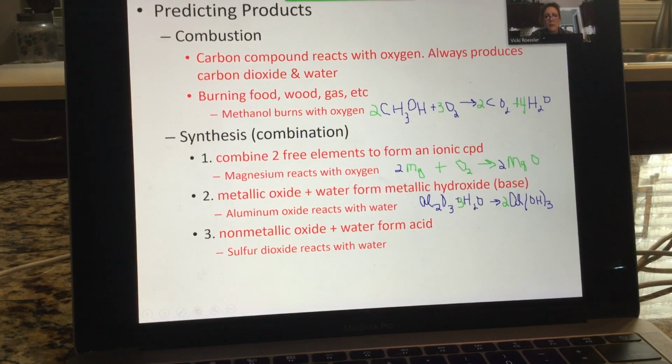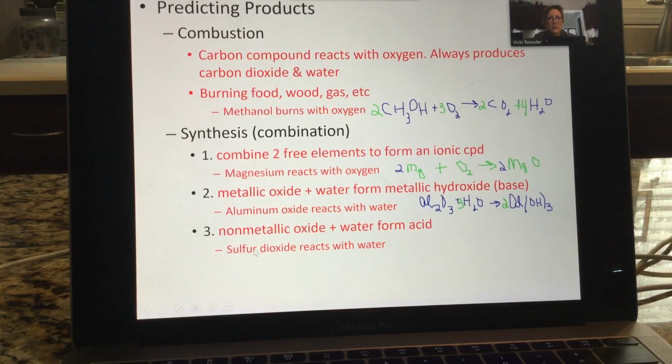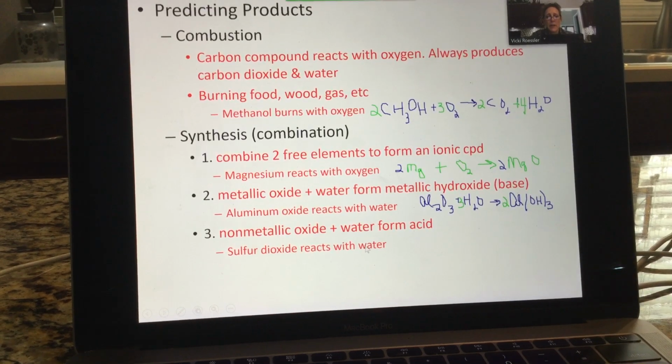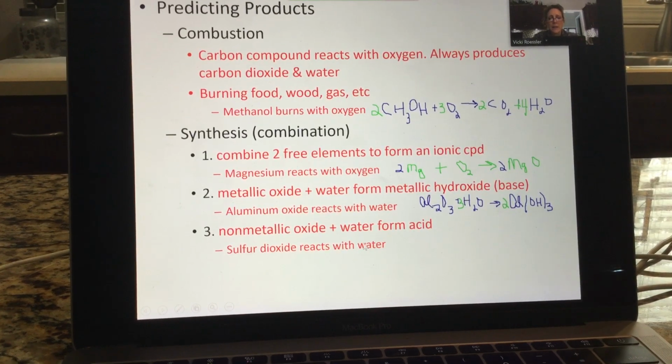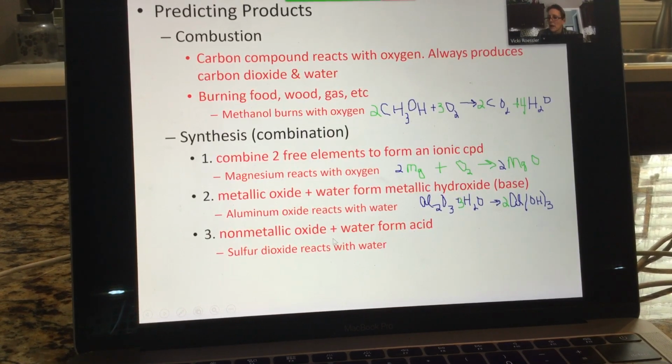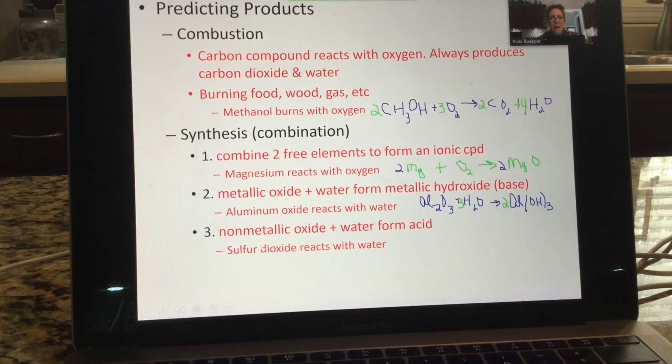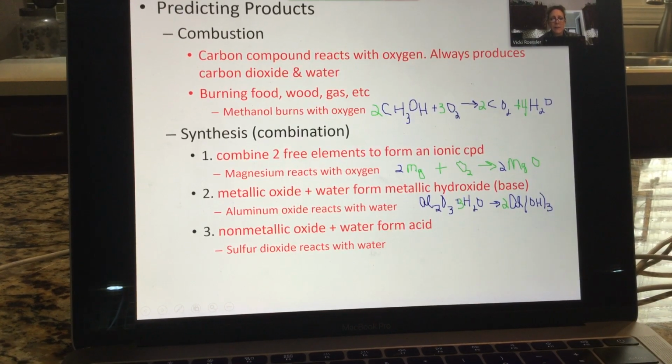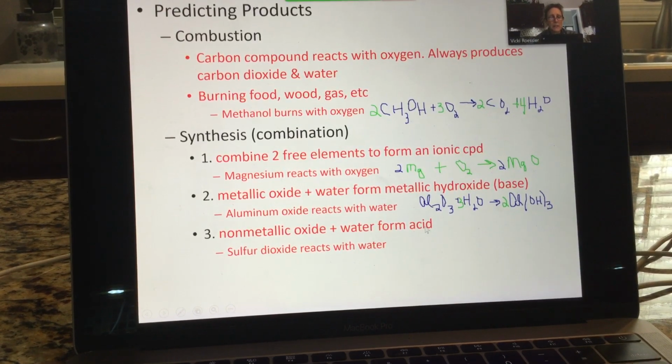So an example of this is sulfur dioxide. Again, these are molecular compounds. We're not crisscrossing charges, so you'll see the prefixes reacting with water. Now, the nice thing about these is I will give you ones where all you have to do is combine everything together to get your acid.